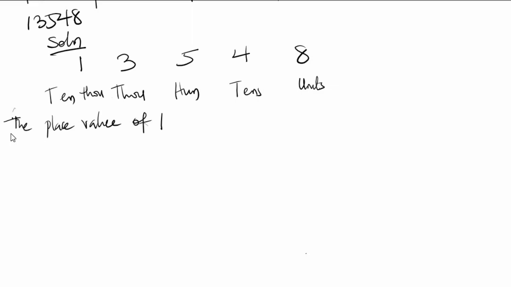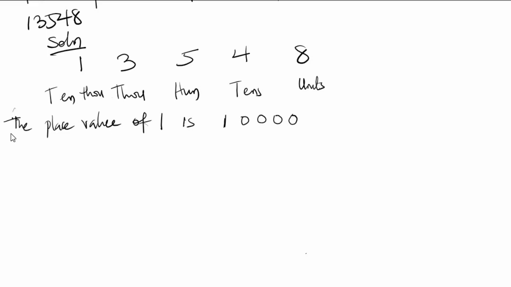the place value of 1 is 10,000. How did we get the 10,000? We already classified them from the chart.